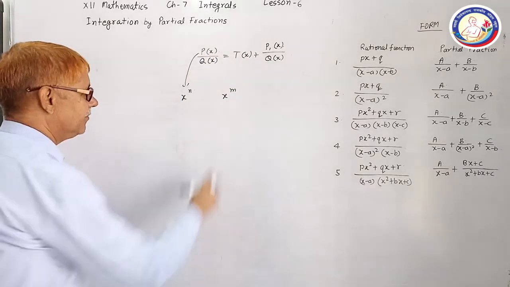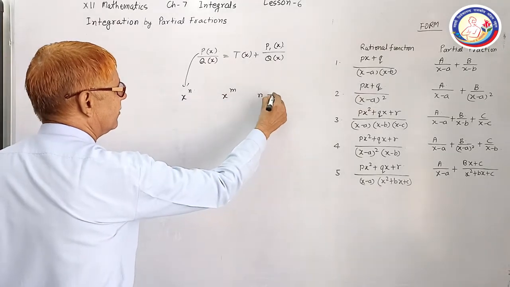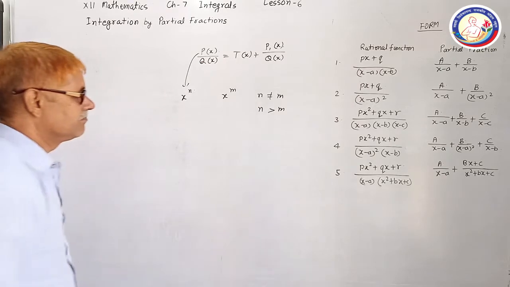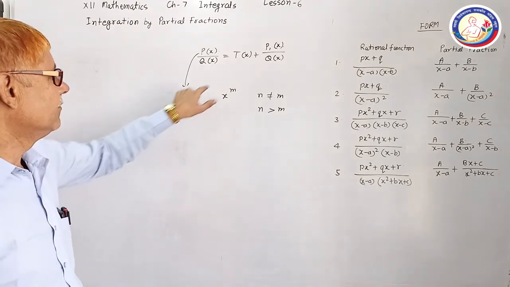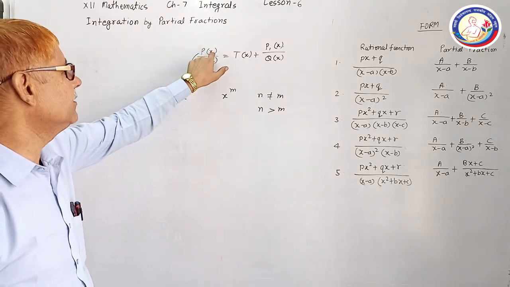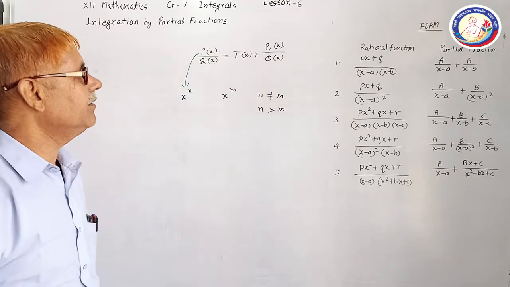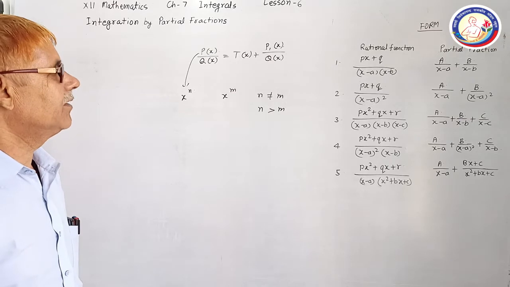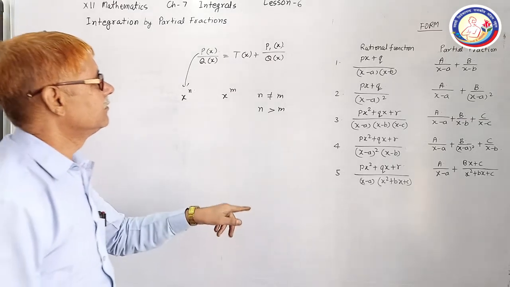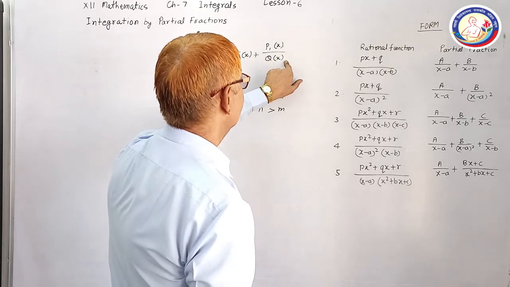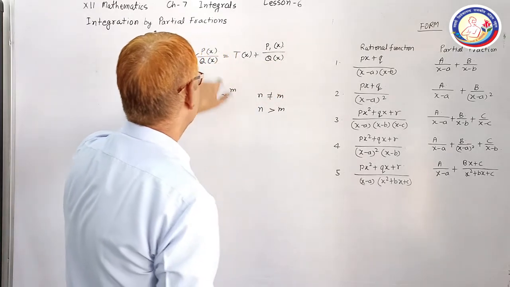Say, if n is not equal to m, and n is greater than m, then first divide the numerator p(x) by the denominator, and change this into a proper rational function. This is a proper fraction and this is an improper fraction.